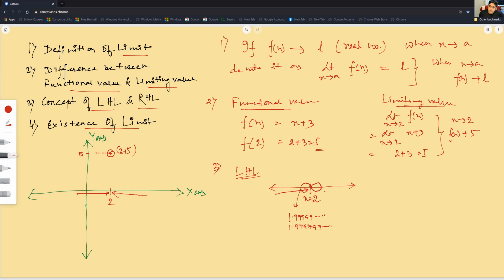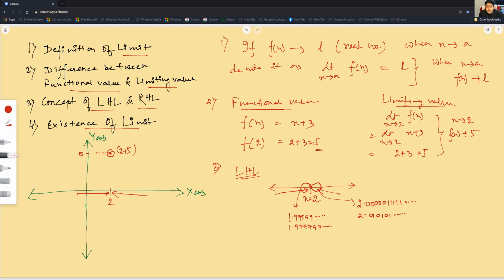Now, if you come from the right side towards that point 2, you also get lots of points, that is 2.000011111..., 2.010101... So in this way you will get crores of points.